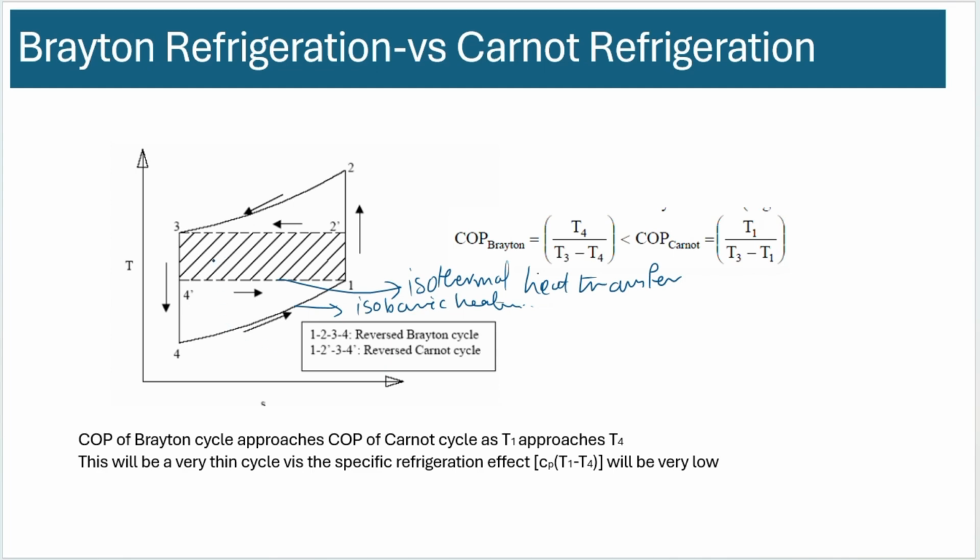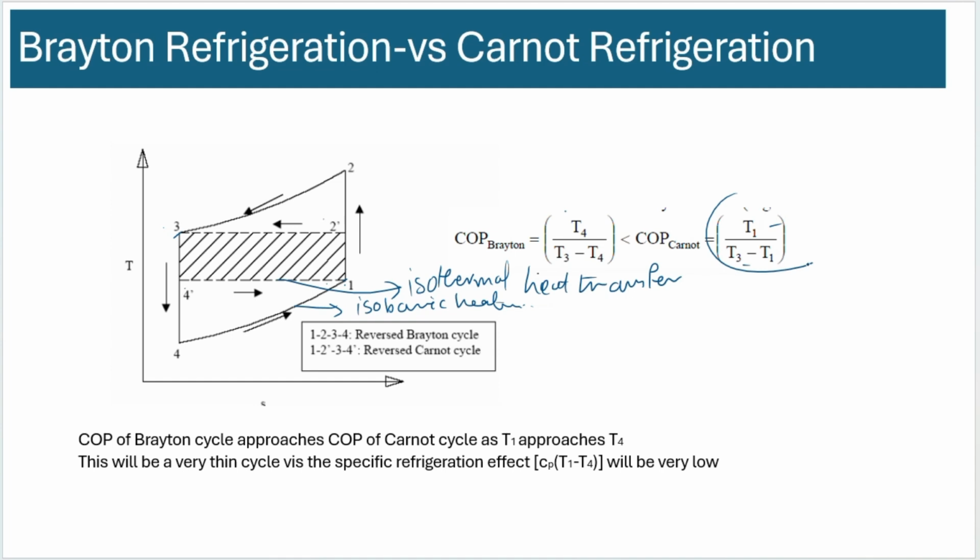So it turns out that isothermal is a more efficient process than the isobaric heat transfer process. So the efficiency comparison is based on the temperatures shown here. For Carnot it will be based on T1 and T3, the high temperature and the low temperature. T4 and T1 are the same, T4 prime and T1 are the same, T2 prime and T3 are the same.